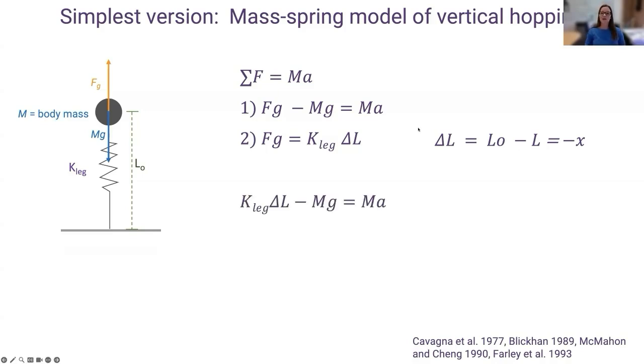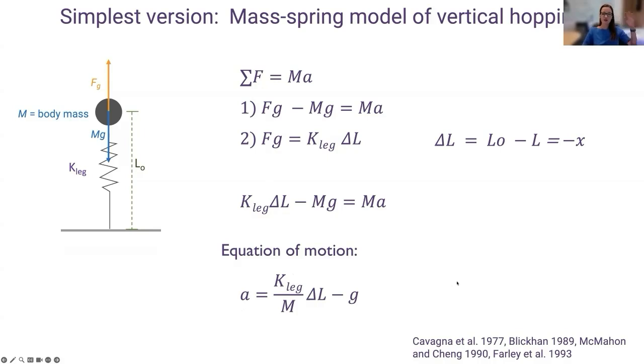So we now can combine these two equations, right, and substitute in k leg times delta L for Fg in the first equation, right? And we get this, k leg times delta L minus mg is equal to ma. And we can rearrange and solve for acceleration. Okay, so if we solve for acceleration, by rearranging these, dividing by body mass, you get the equation of motion for this hopping system. The acceleration is k leg over m times delta L minus g.